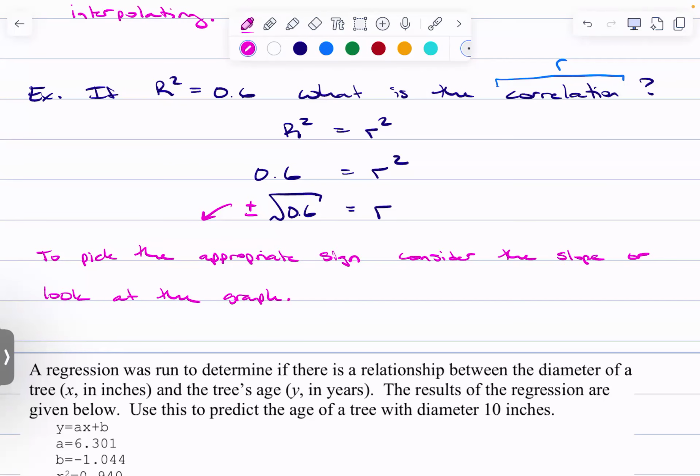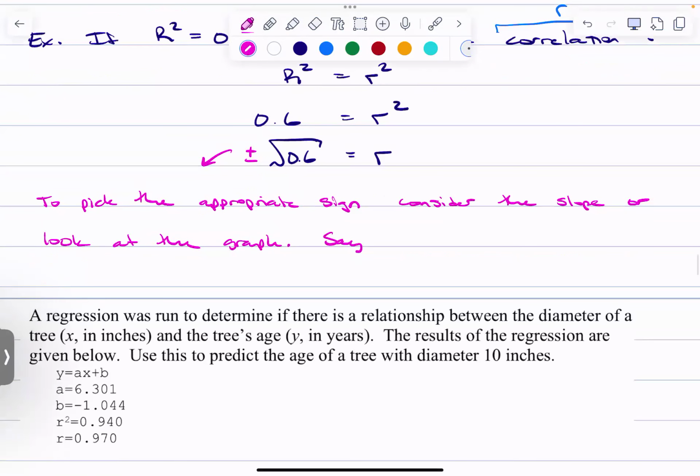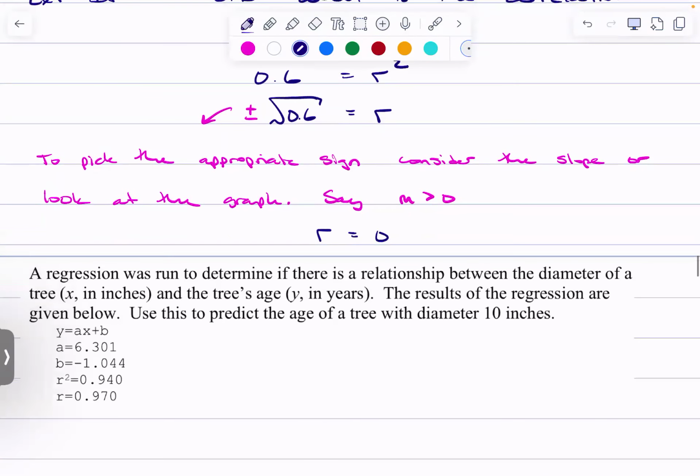If we consider the positive, say m is greater than 0, the slope is positive, then the correlation would be the square root of 0.6, which is 0.7745966692, which is quite high.